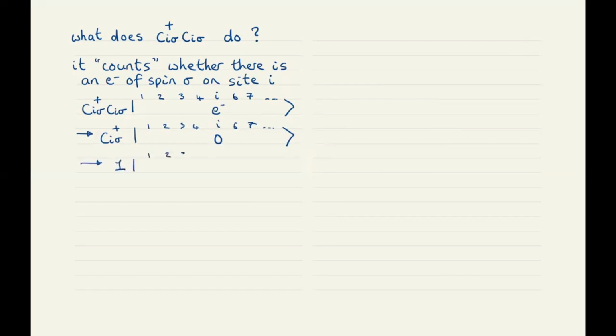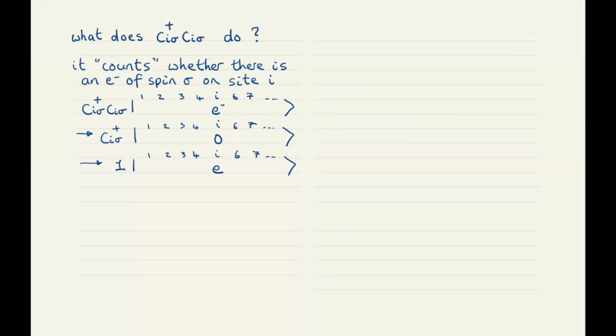So I'll end up exactly back where I started, and the eigenvalue for this operator will be just 1 in this case. If there had been no electron on site I to start with, then the C sub I sigma would have tried to annihilate a nothing, and I'd have ended up with a 0.